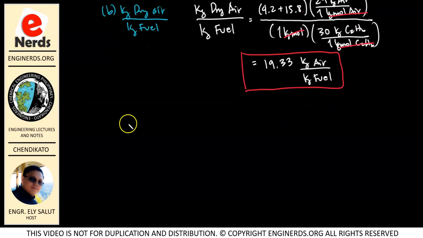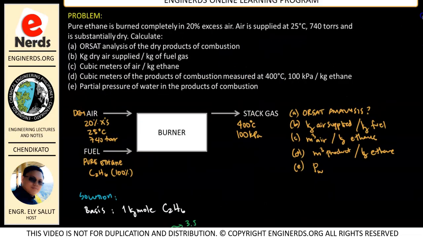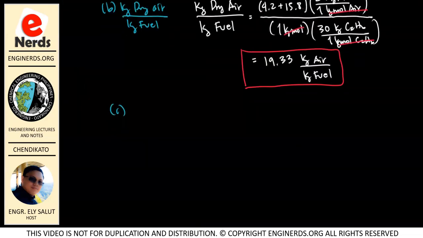Okay, so now let us answer the third requirement. And here we need to get, ano nga uli yung question natin? Cubic meters of air over kilogram of ethane. So we need to get cubic meters of air per kilogram of ethane. Okay, so in order to do that, we need to get the volume of air.